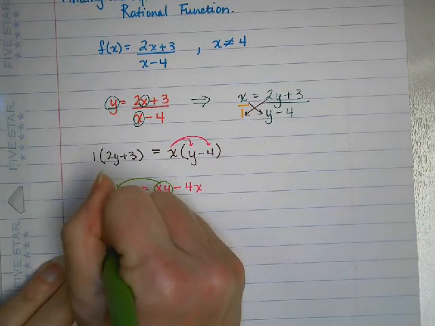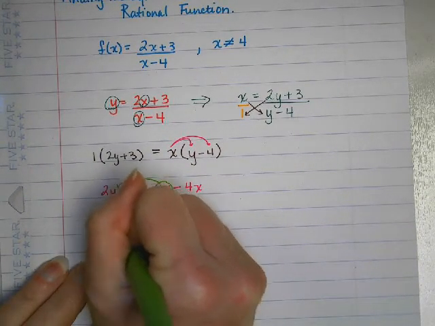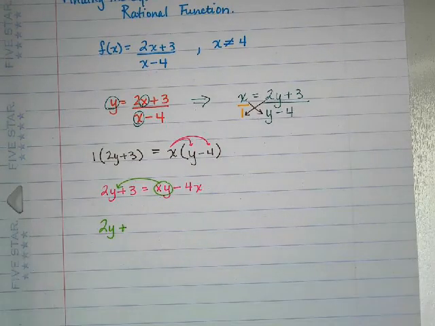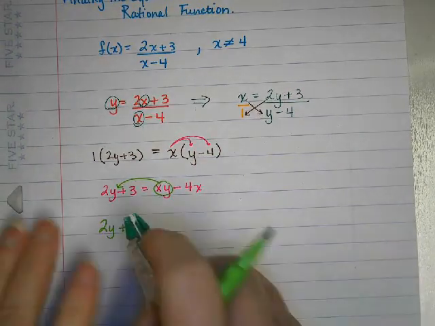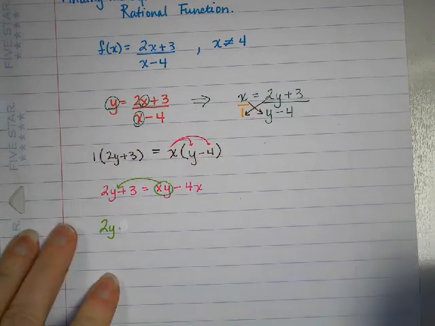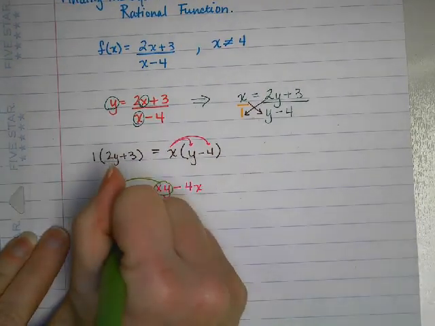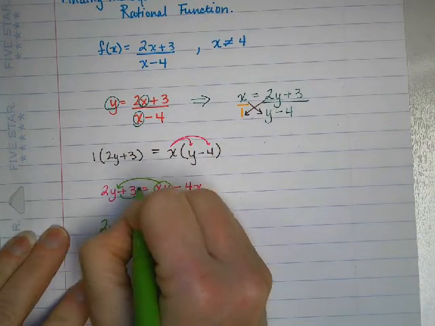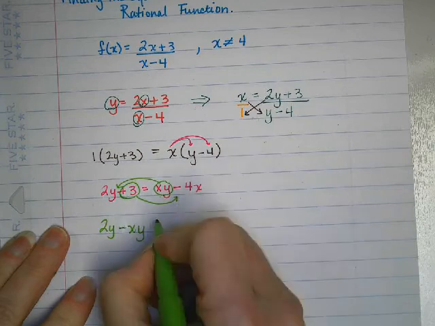So I have 2y, not plus, because it's positive on the right-hand side, it'll be negative on the left-hand side. So 2y minus xy. I'm going to take my plus 3 and move it over here.